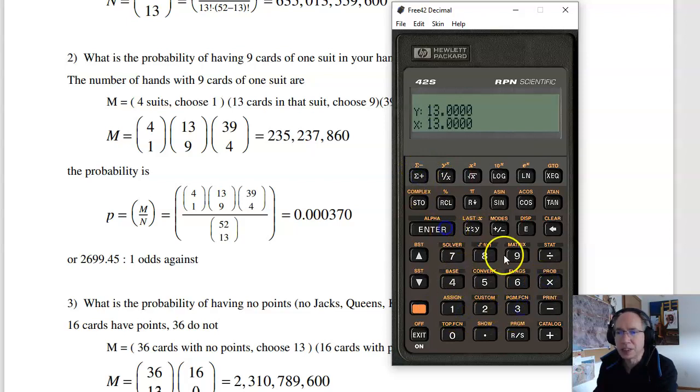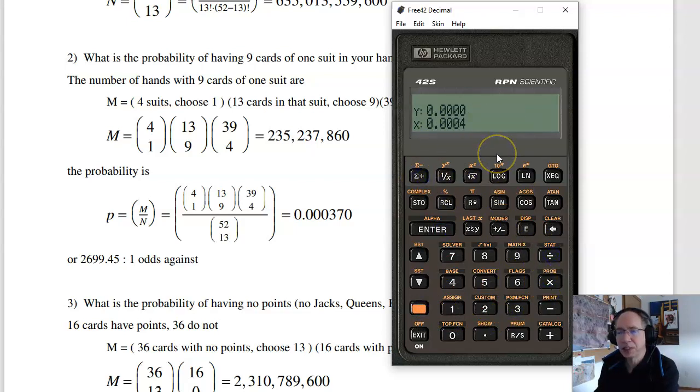13 choose 9, multiply, 39 choose 4, multiply. That's 235 million. The probability then is this many hands have 9 cards in one suit, over 52 choose 13, which is how many different bridge hands there are.